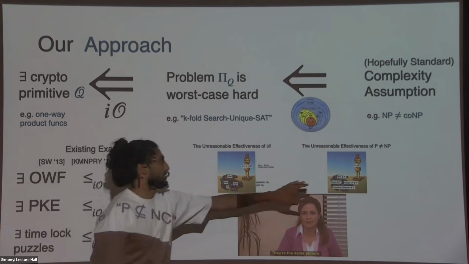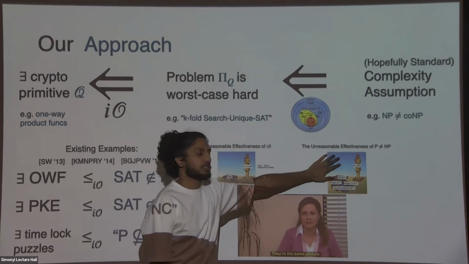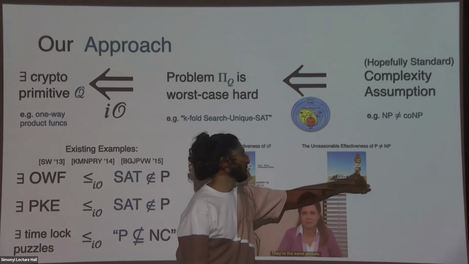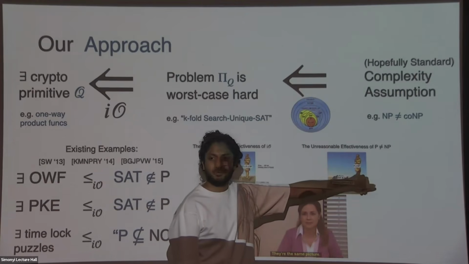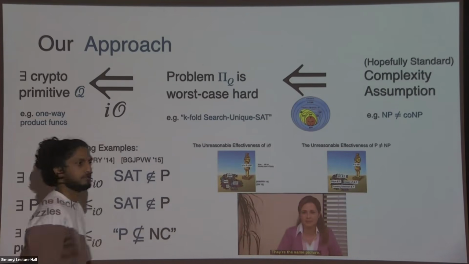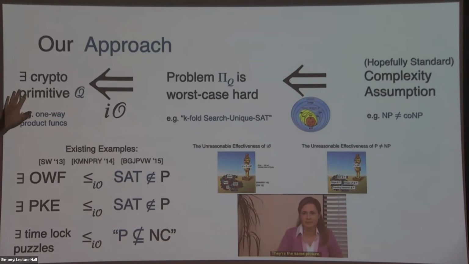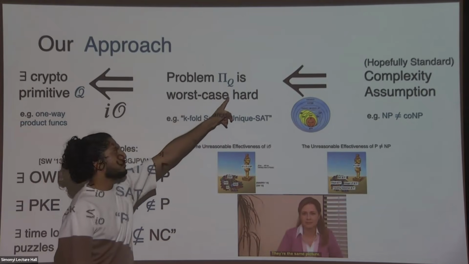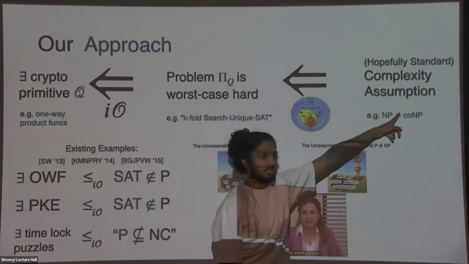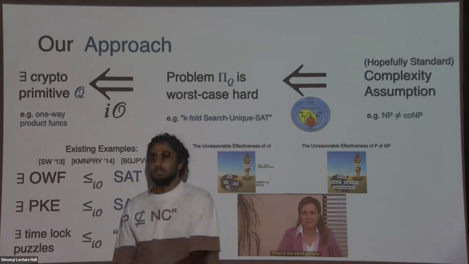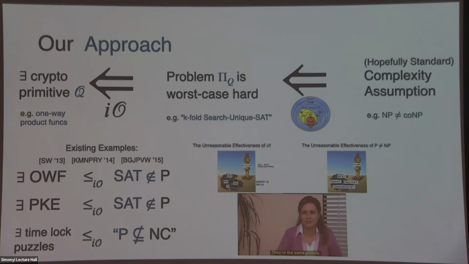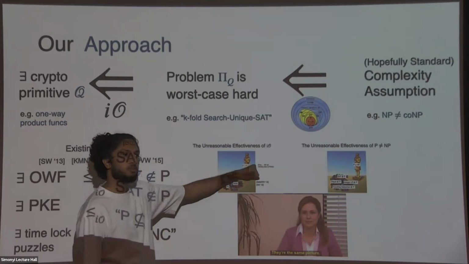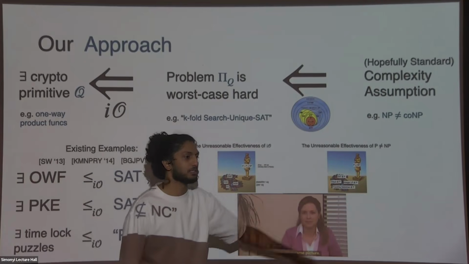Well, what is the lesson from P not equal to NP? It's like saying if you have a hard problem, most of the time it reduces to P not equal to NP. So if you believe this, when you use IO, you can take Q, transfer it to pi sub Q, and most of the time you'll be able to base that on P not equal to NP. So there's some heuristic philosophical explanation for why IO plus P not equal to NP is so powerful. It's the same reason why NP completeness is so powerful.